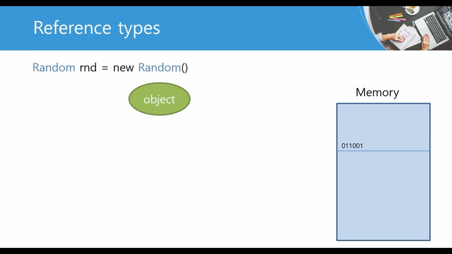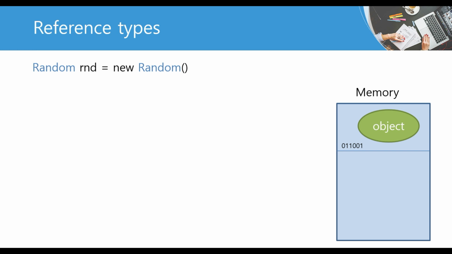What happens is that when this new Random object is created, it is sent to a certain location in memory, let's say. Now this new Random object is in memory. And we see that the address of the memory block, just for an example, is 011001.